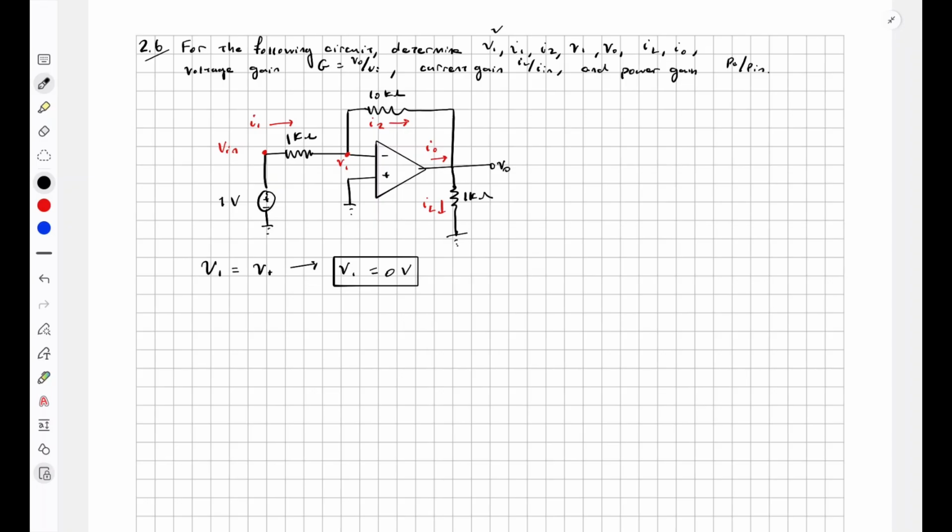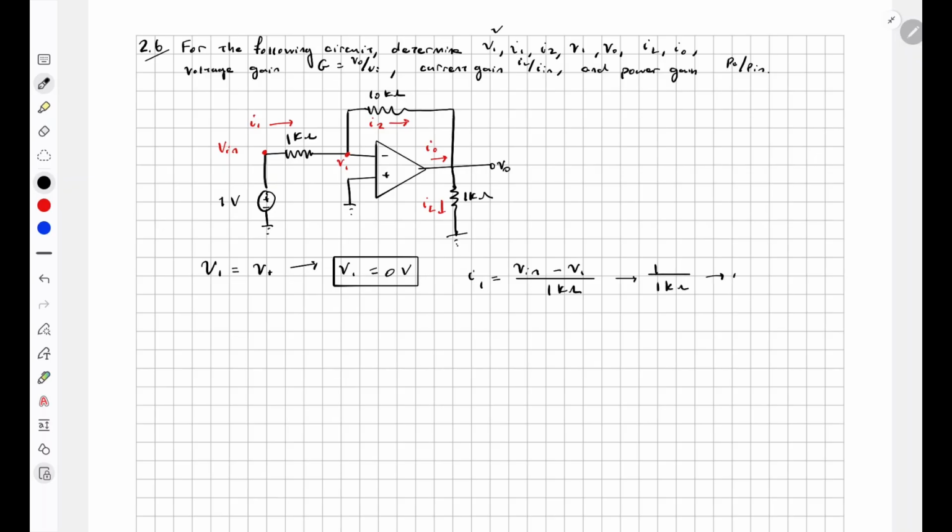Next, we are asked to find I1. So I1 is equal to V in minus V1 divided by 1 kilo ohm. So it's just 1 minus 0, which is 1, divided by 1 kilo ohm.